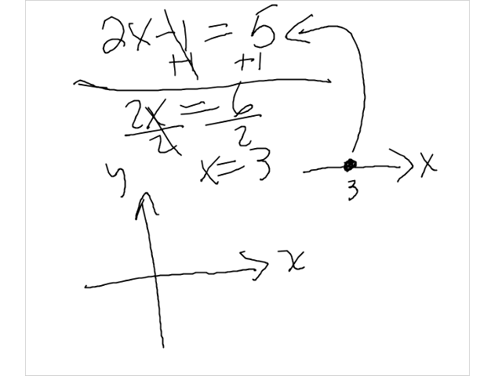But when we have an equation in x and y, maybe something like x plus y equals 5, well, it turns out that there's a whole bunch of numbers that would satisfy that equation. And so instead of getting one unique point, we actually get an infinite number of points that would solve that equation or satisfy the equation.